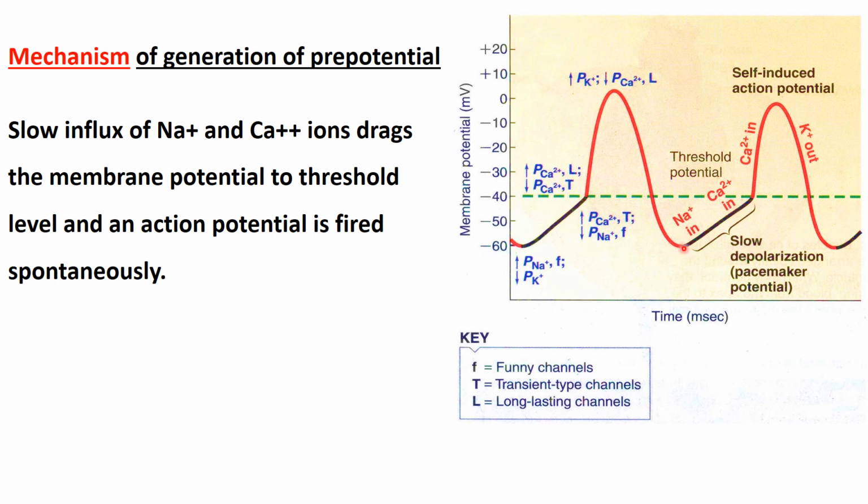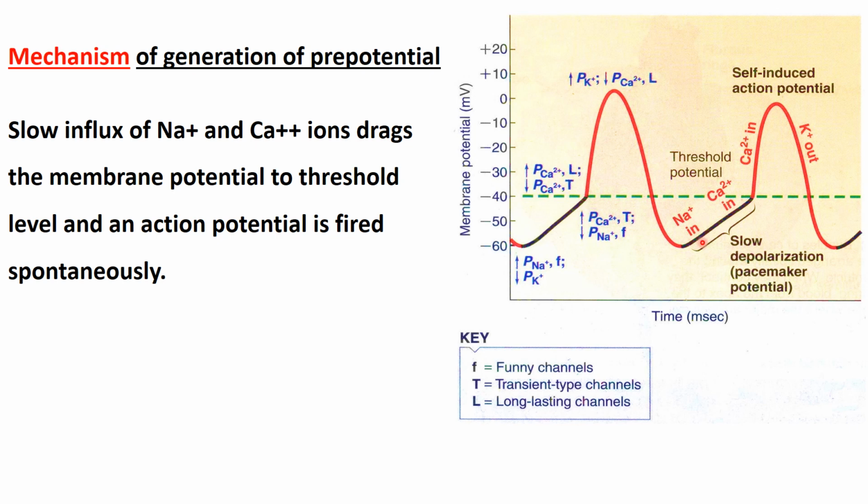Bringing of the potential from minus 60 slowly to the threshold level produces a self-induced action potential. It is not because of any nervous stimulus. Remember, the potential is not due to any nervous stimulus.